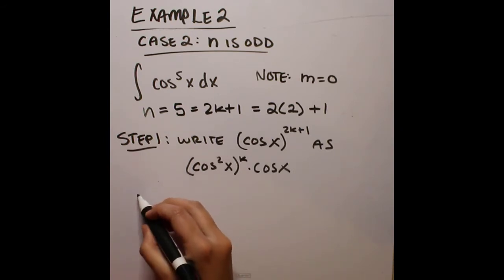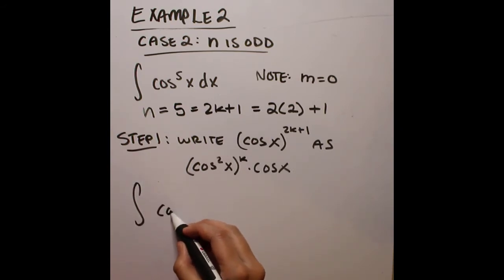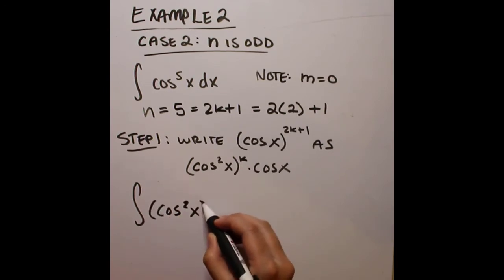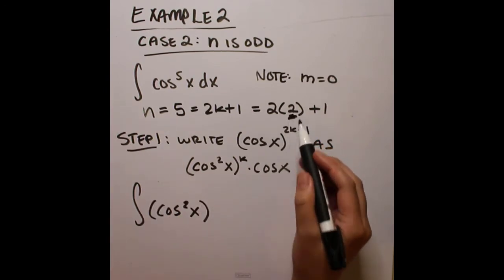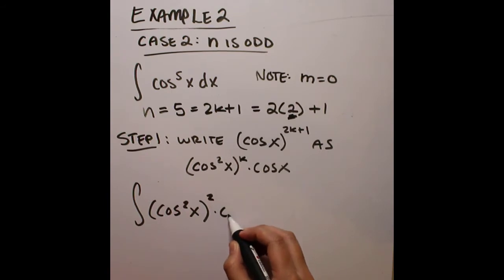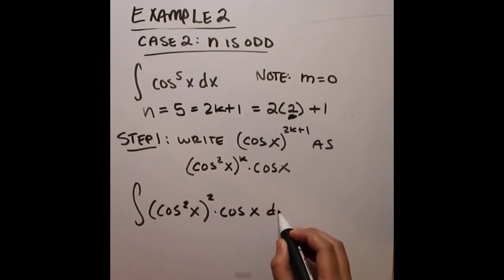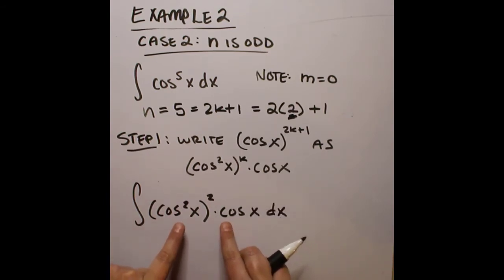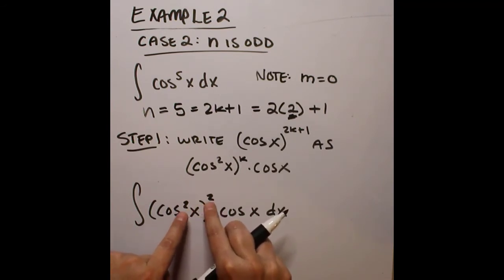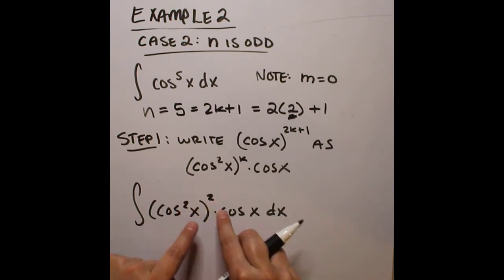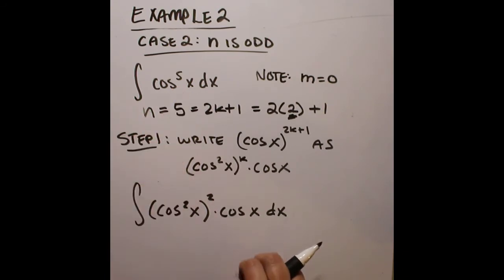So for us, that looks like cosine squared of x, k is 2, so squared, times cosine x dx. If you need to check, square this and you get 4, so multiply here, you get cosine to the 4th times another cosine, that is cosine to the 5th.